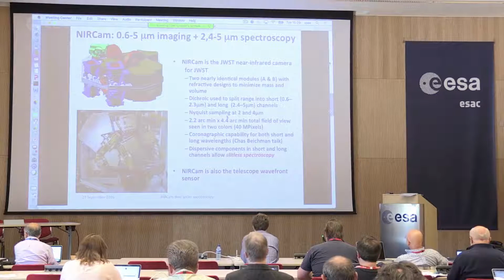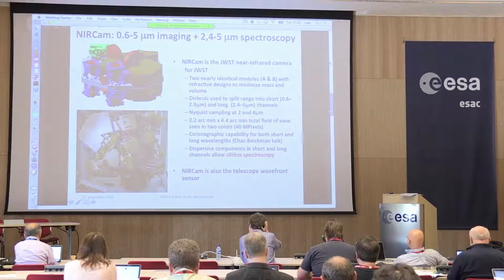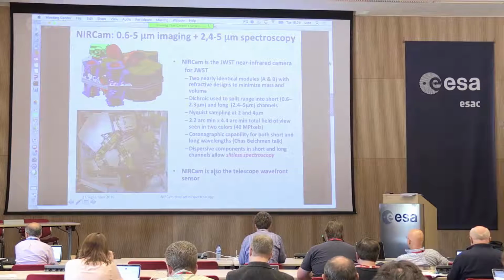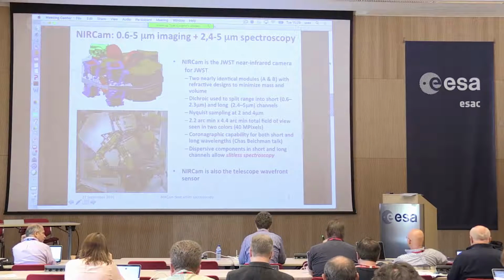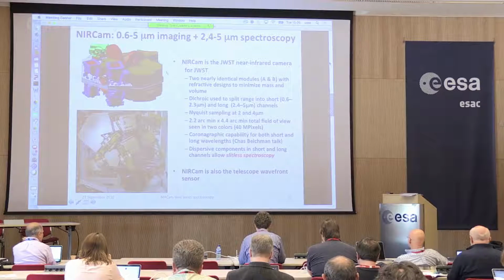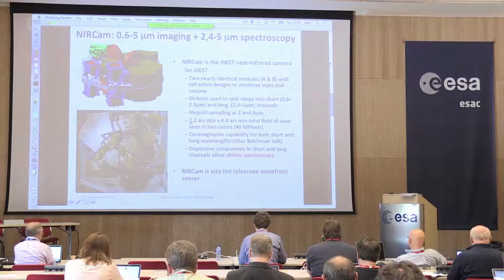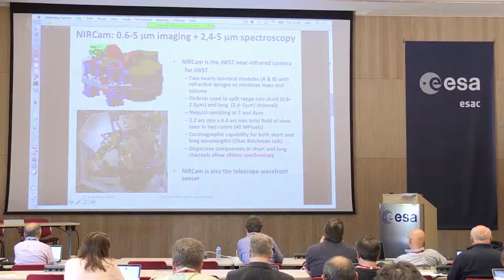So NIRCam has two identical halves, which is important because it's also the telescope wavefront sensor, in addition to being the near-infrared camera. It's refractive in design, and there are dichroics that allow seeing the same field in both short and long wavelengths.